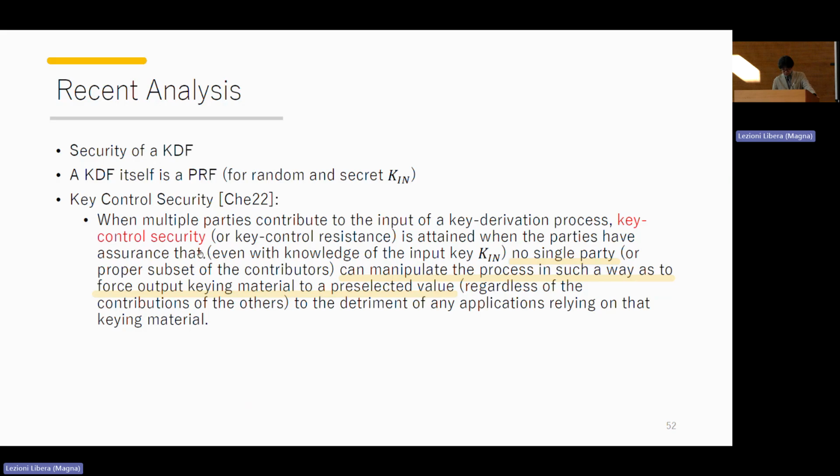The key control security requires that no single party can manipulate the process in such a way as to force output keying material to a pre-selected value. Okay, I should have written here, even with the knowledge of the input key K in. So in this setting, the adversary is given the secret key and tries to manipulate the output K out.